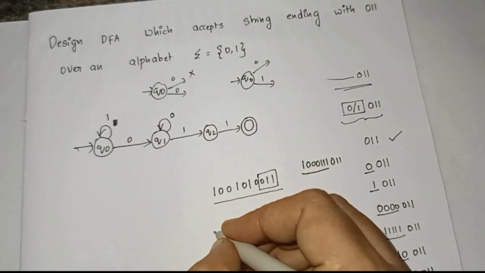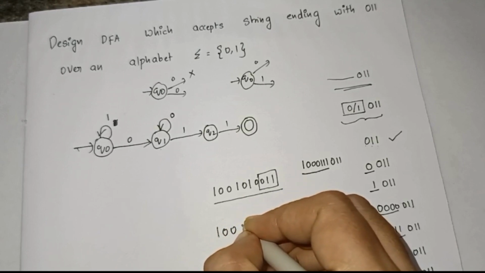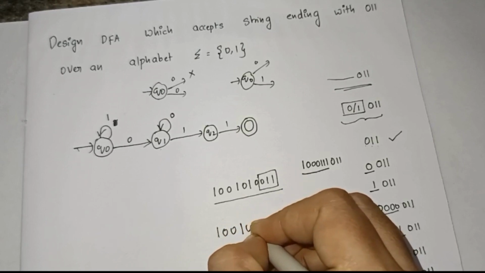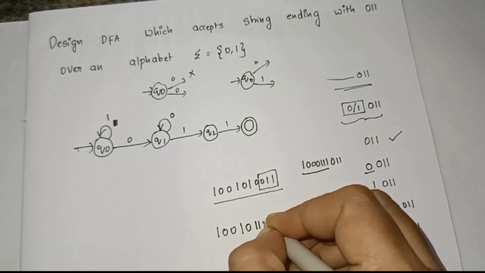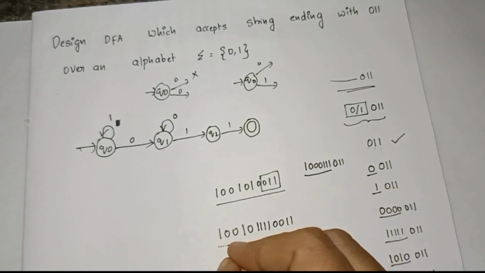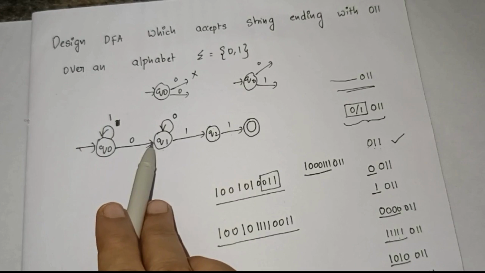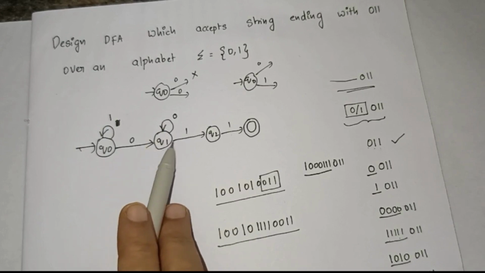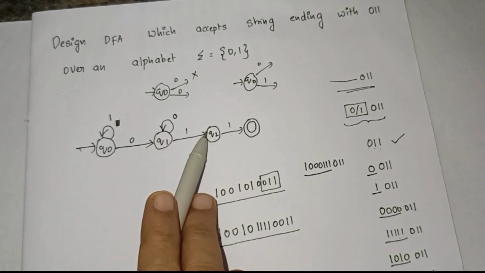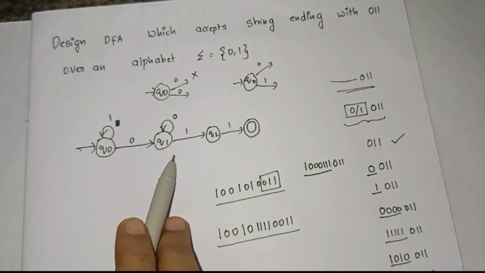Suppose if I take a string like 1, 0, 0, 1, 0, 1, 1, 1, 1, 0, 0, 1, 1. So this string should also be accepted. Now we will see 1, 0, 0, 1, 0. So let's take 0 is having a transition with Q1 here.